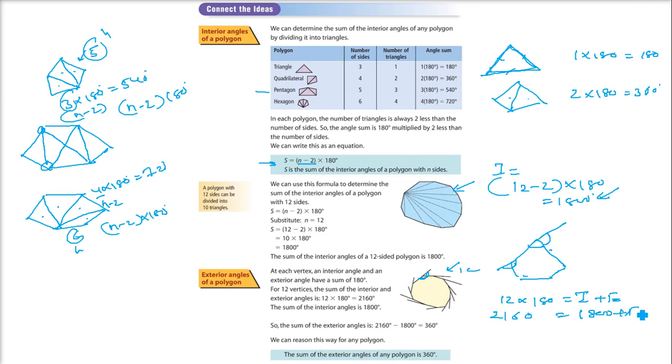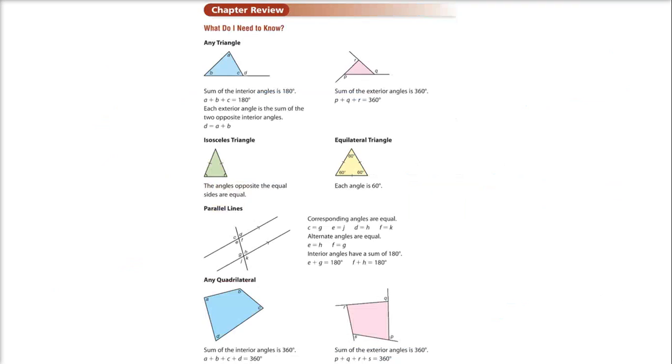So in order to find the exterior angle, just subtract this. The exterior angle sum will be 2160 minus 1800, that is 360 degree. So the sum of exterior angles of any polygon will always be equal to 360 degree. This is important.